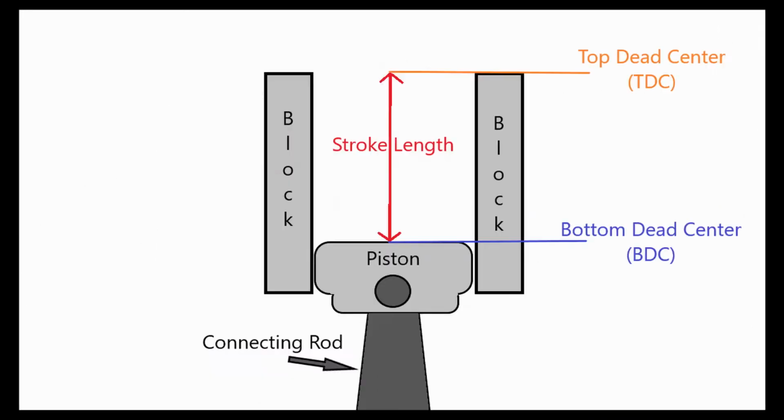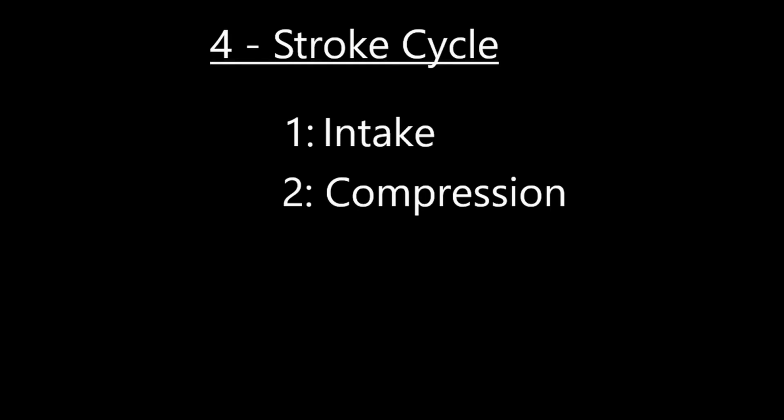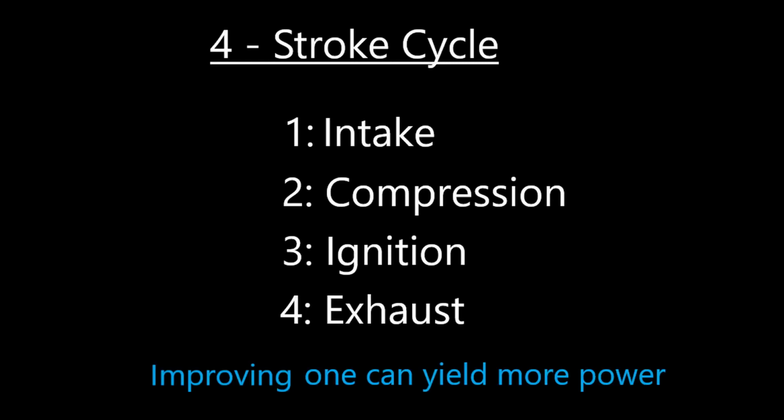Increasing your compression ratio via increasing the stroke length is an example of an internal modification, and adding a supercharger will be considered an external modification. In general, if you increase the efficiency of the combustion, you will increase the power output potential, underline potential. If you still feel a little bit rusty on the subject, you can Google 4-stroke combustion cycle, and that should help get you up to speed.